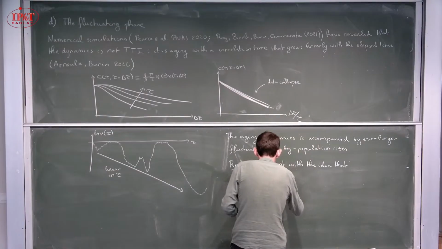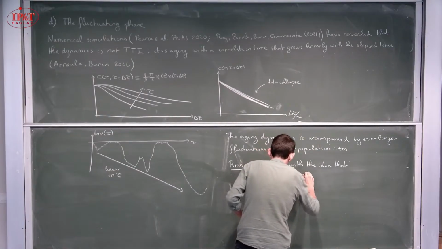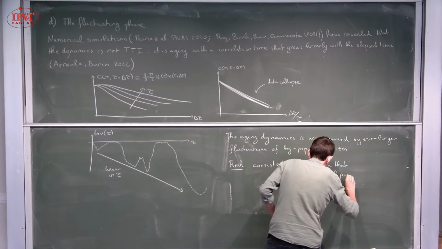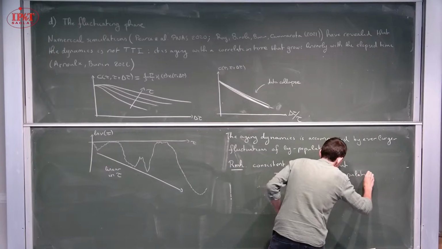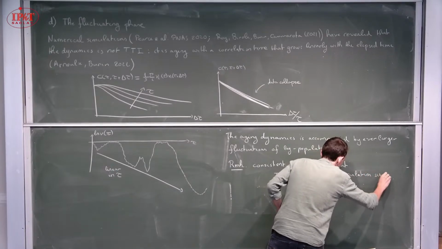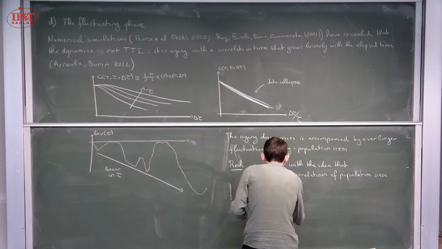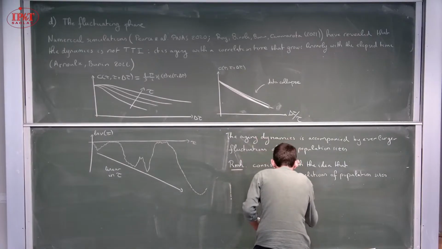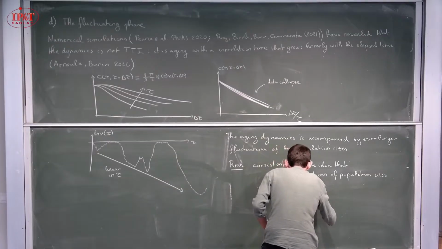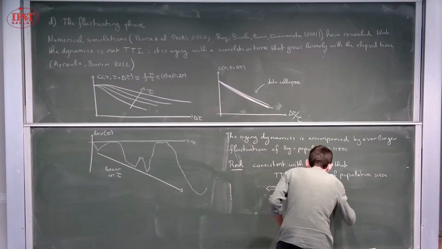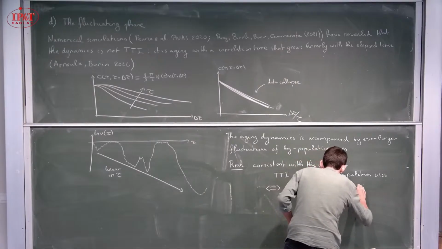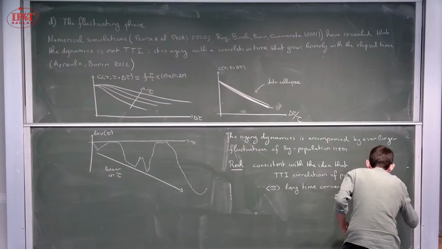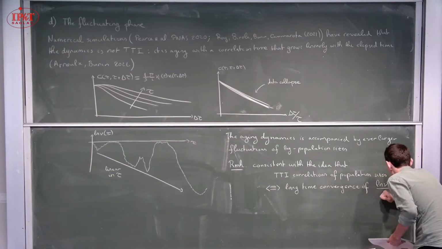that there is an equivalence between TTI correlations of population sizes and long time convergence of the log population sizes divided by the elapsed time.